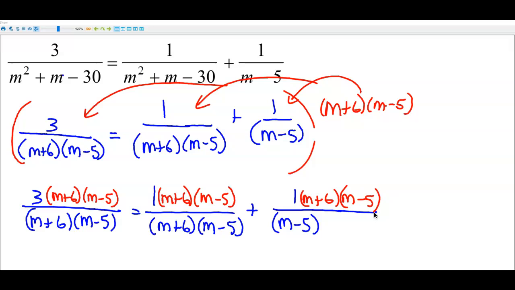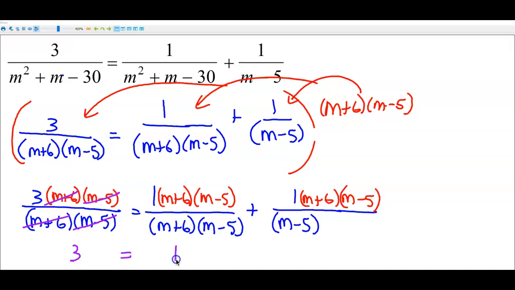So we're multiplying to cancel. I multiplied by both of those things in the denominator, the m+6 and the m-5. And now we can start canceling stuff out. So for instance, the m+6's here go away, and the m-5's. So I'm just left with 3. What am I left with on the next one?